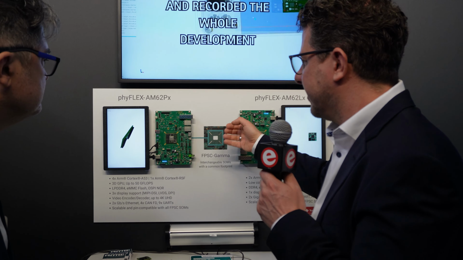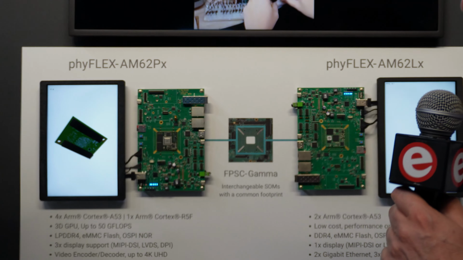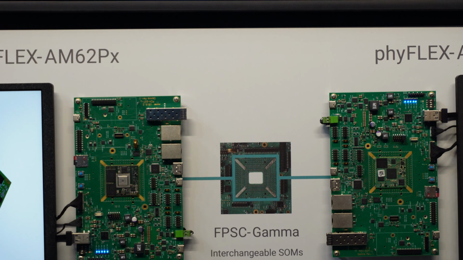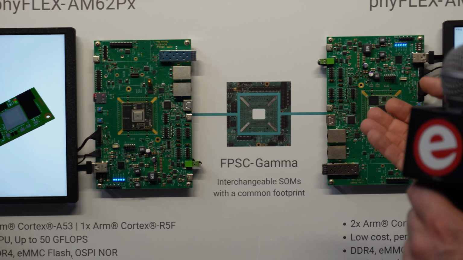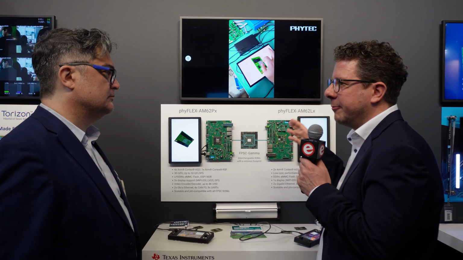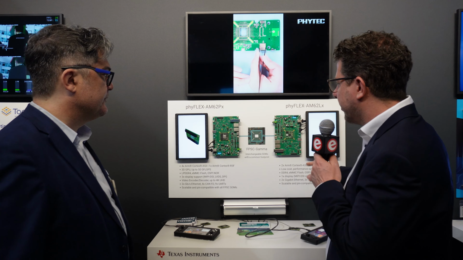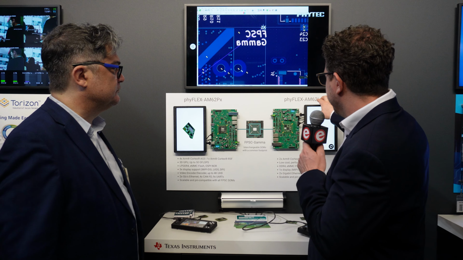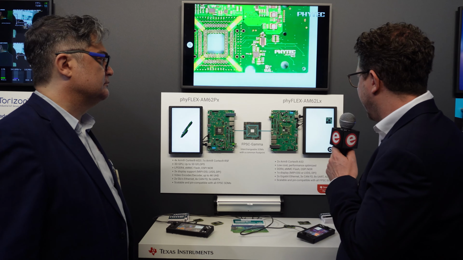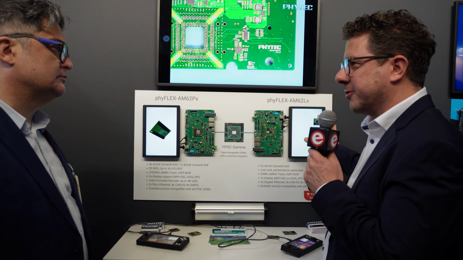And this guarantees a high amount of scalability and a high amount of guaranteed signals, so that you can be assured that your application will run with all processors. And here we're showing the difference between a low-cost processor like the AM62L and what it can do in terms of graphics.